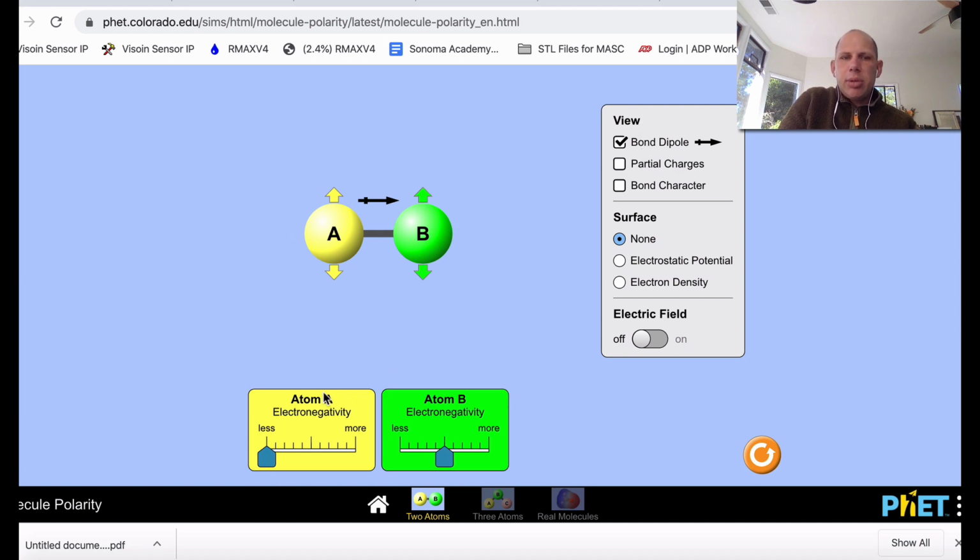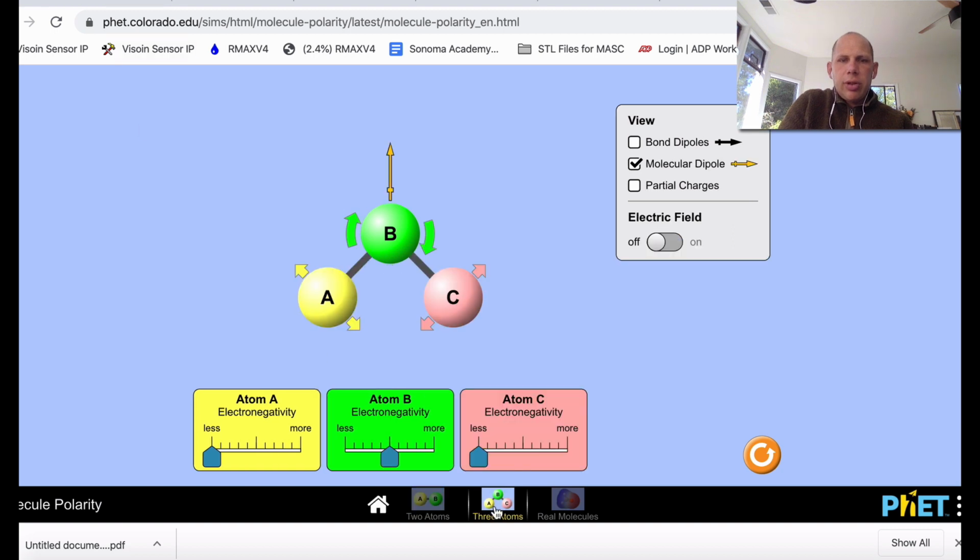You'll be playing around with this electronegativity value, noticing this arrow changing and some charges appearing. Same thing for the 3-atom mode, and that's down here at the bottom, by the way. You can toggle back and forth that way.